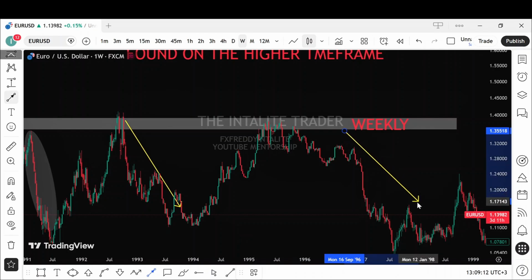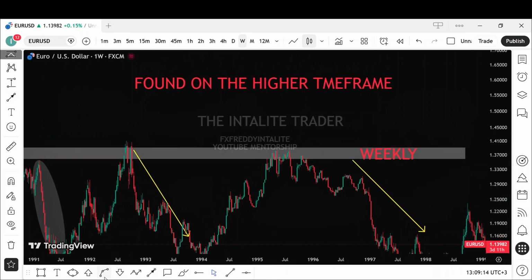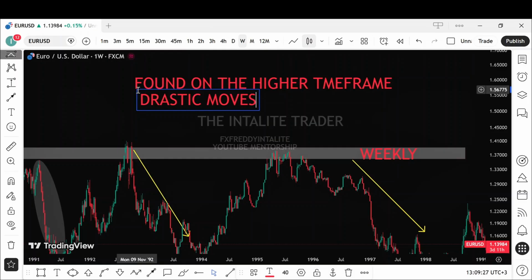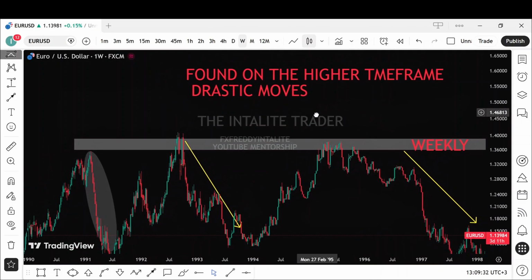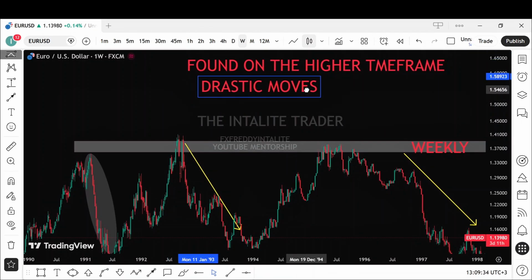So the other qualitative trait is the drastic move. Each time price comes to the level, it moves away drastically.